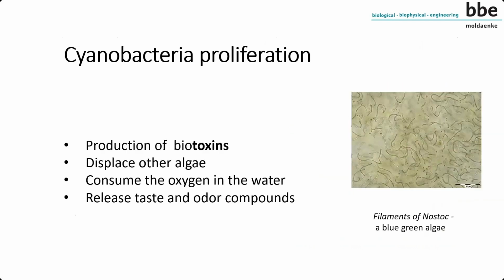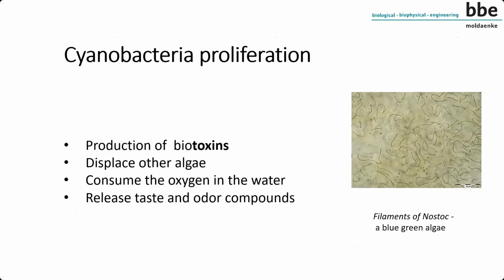So let's come back to the cyanobacteria. In some cases, when the nutrient situation is rather good, meaning that they have enough nitrogen and phosphorus to reproduce themselves, then they will also be able to produce a higher amount of biotoxins. We really do not know why they produce these biotoxins.